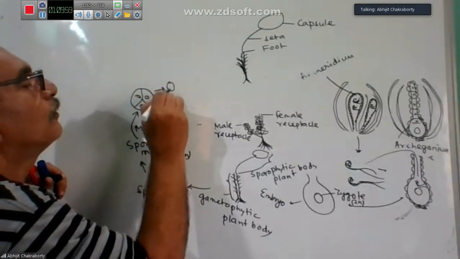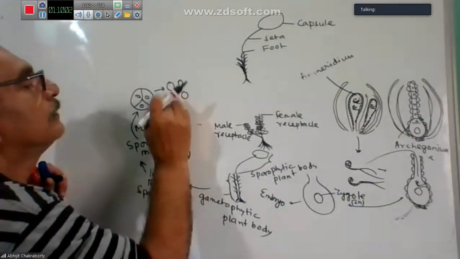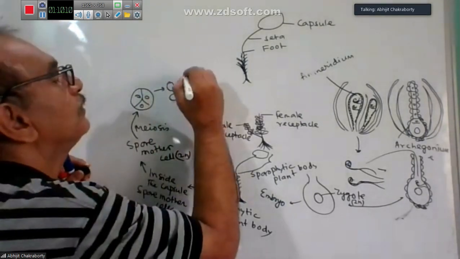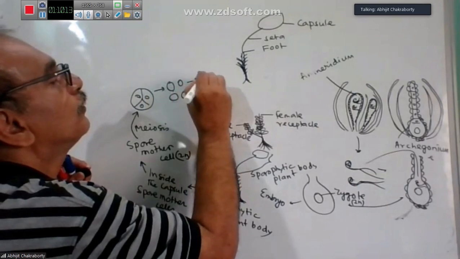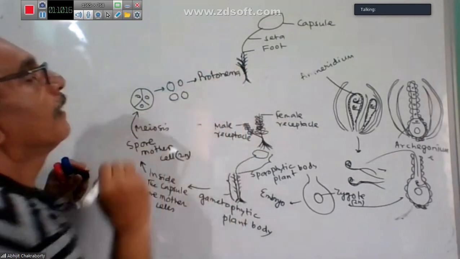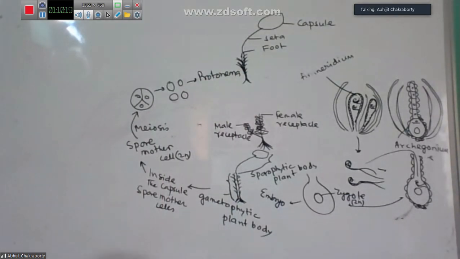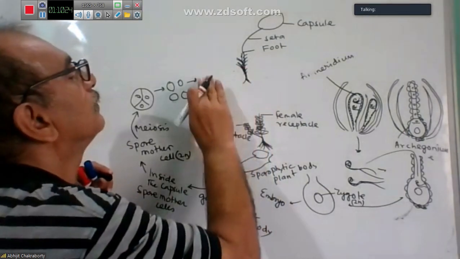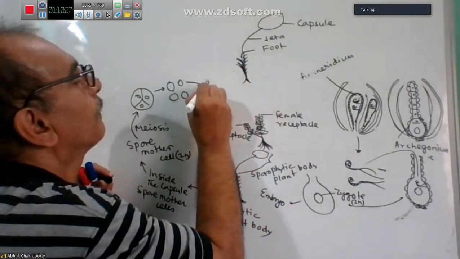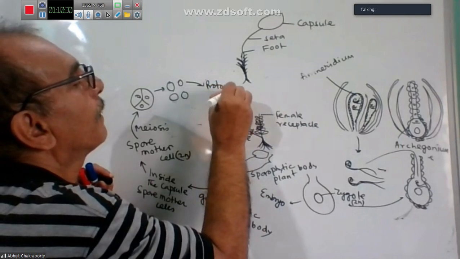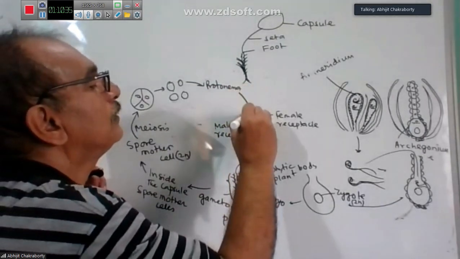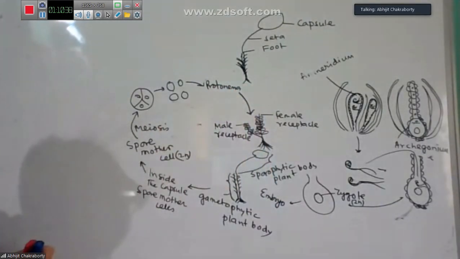Then spores are liberated, and these spores will then give rise to protonema, which in turn will give rise to the mature plant. So this is what happens in case of Funaria.